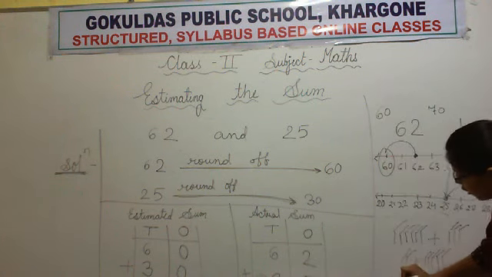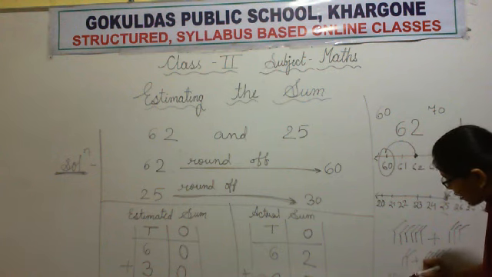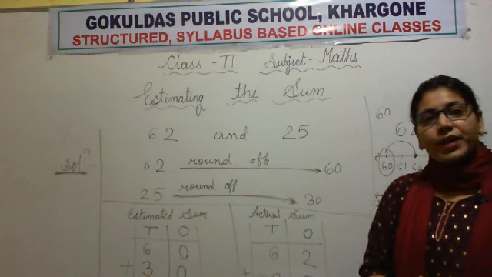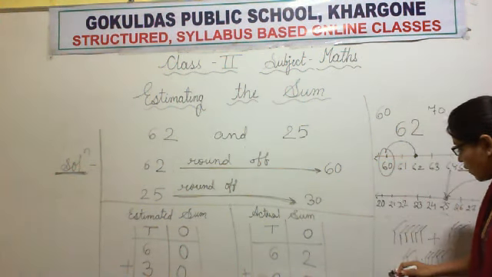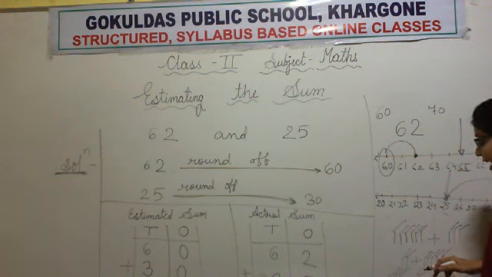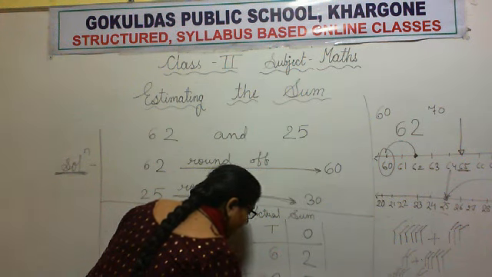First we will draw 6 sticks: 1, 2, 3, 4, 5, 6. We are doing addition, so we will put the plus sign. Now for 2, we will draw 2 sticks. Let's count: 1, 2, 3, 4, 5, 6, 7 and 8. 8 sticks are there, so we will write the number 8.